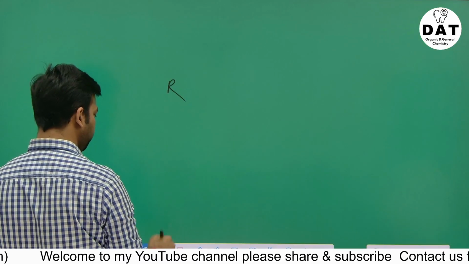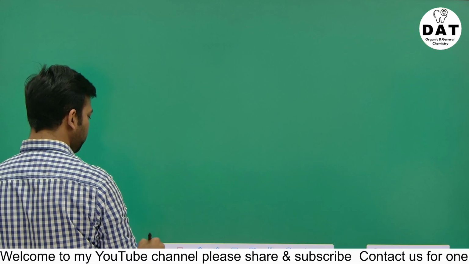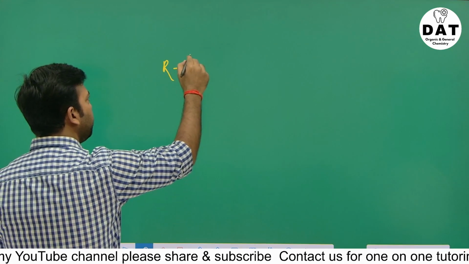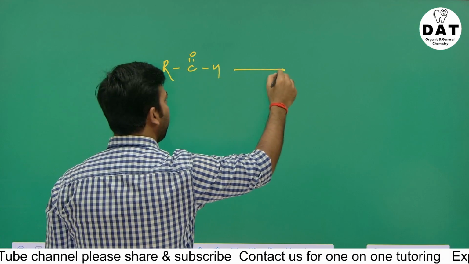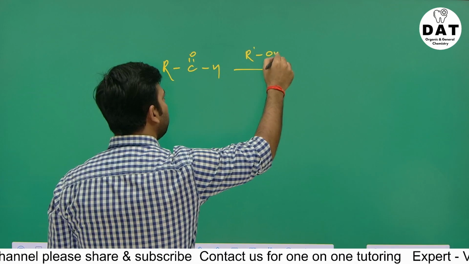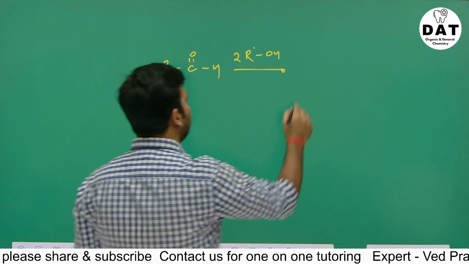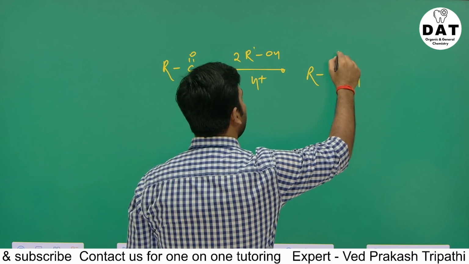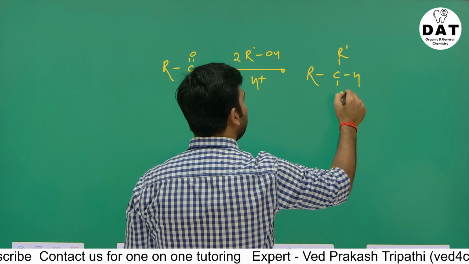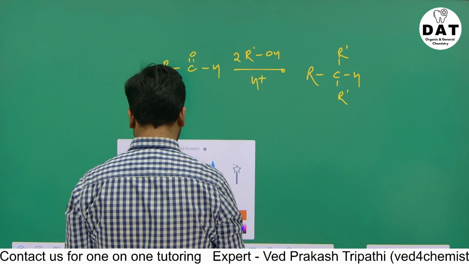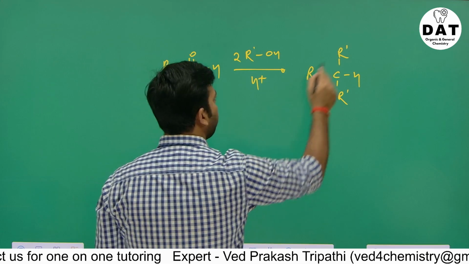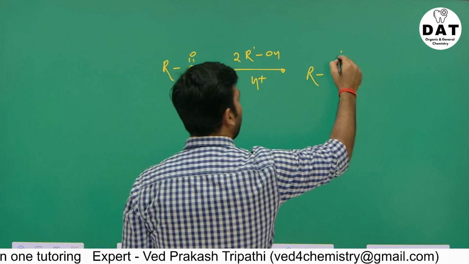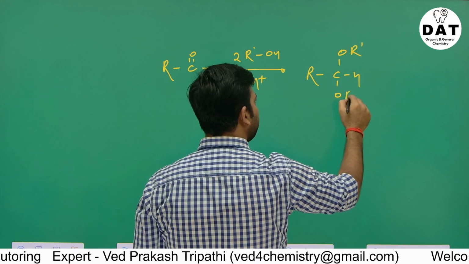In this way, I can discuss with an example. Suppose we have this aldehyde and we react with alcohol, suppose 2 moles, in acidic condition. So it will form RCH with OR dash and OR dash like this.